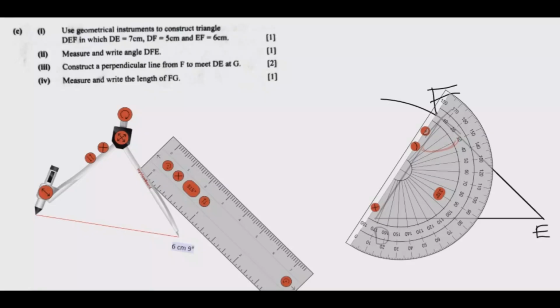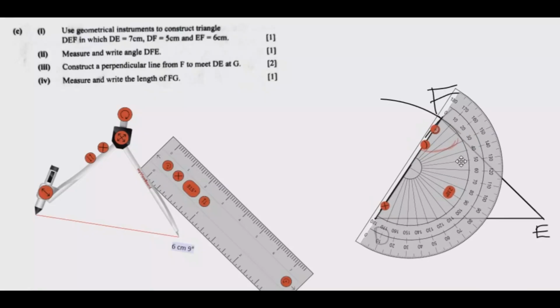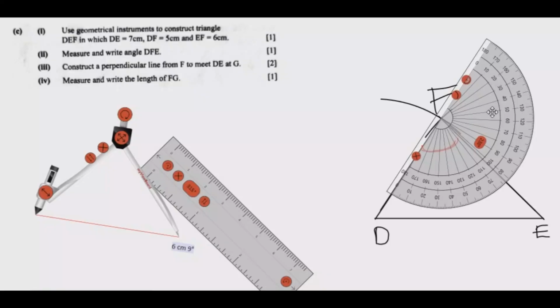I'll try to be as accurate as possible. Although it's very difficult for me to attain the accuracy very well, this is the exact thing that I've done. So now when we look at the protractor, we should take note of the readings on top.